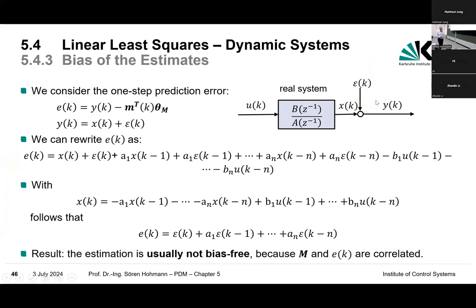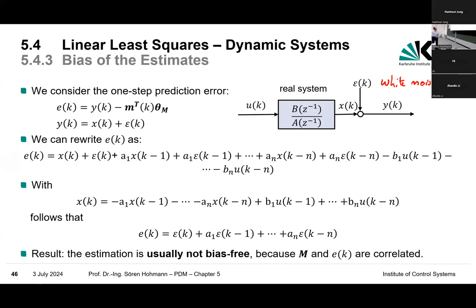In our case, we make it as in the regression part, we say, okay, this is white noise, for example. Because we know for the static system, we already realized that if it's white noise, then we get a consistent estimation. So the question is, is this the same here?